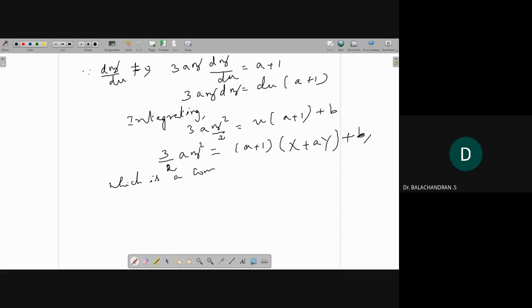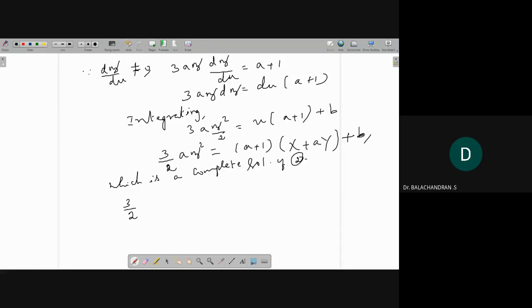So I need a complete solution of equation 1. So the only thing you should do is replace capital X and capital Y by the substitution. Okay, please check what substitution we gave.